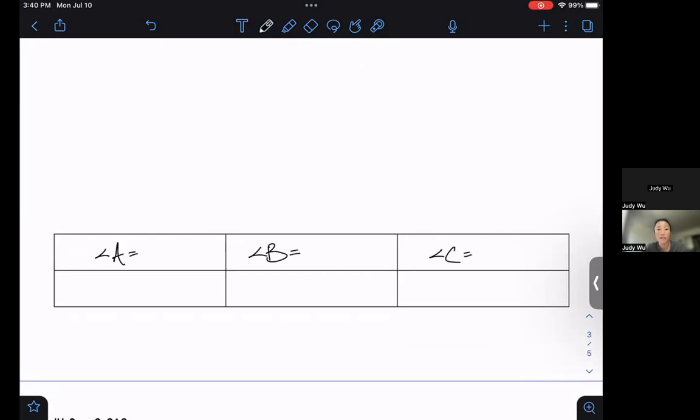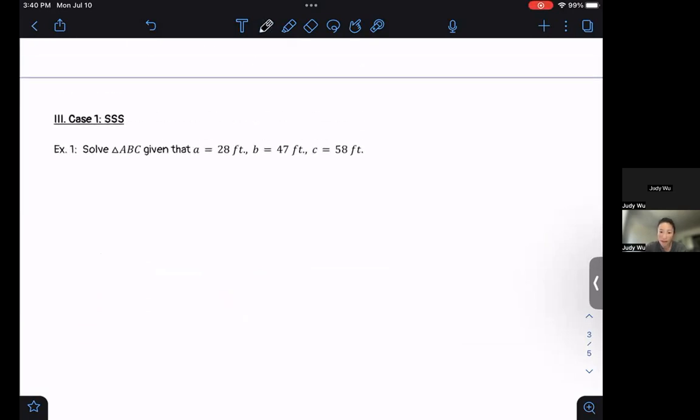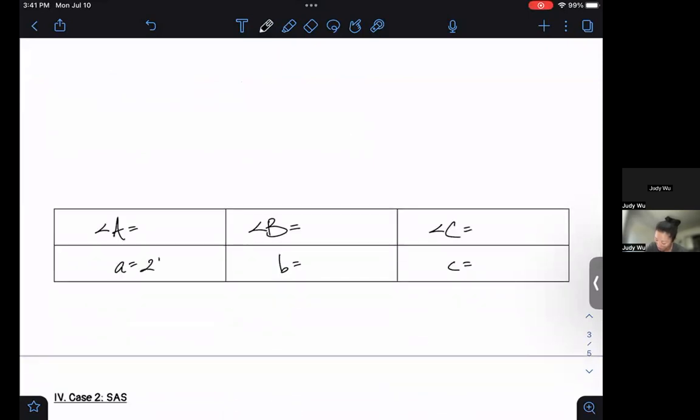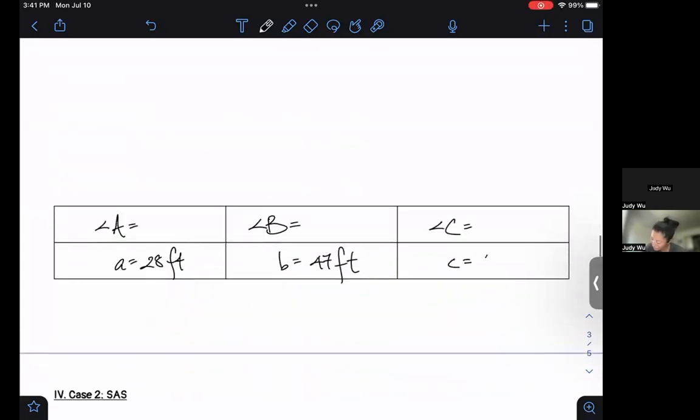We want to find all three angles and all three sides. A is 28 feet, B is 47 feet, and C is 58 feet.